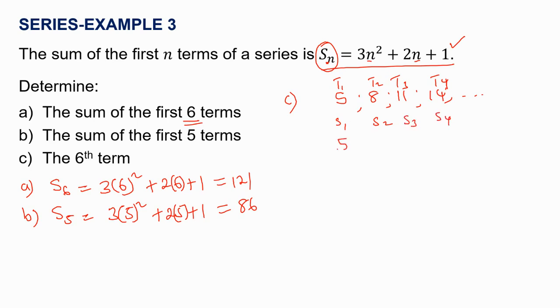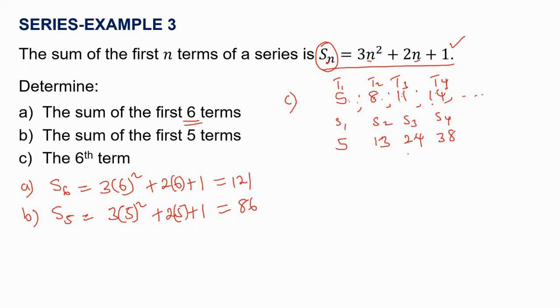S1 is going to be 5. And then S2 is going to be 5 plus 8, which is 13. And then S3 is going to be 5 plus 8 plus 11, which is 24. Or you can say S2 plus 11 gives you 24. And then 5 plus 8 plus 11 plus 14 will give us 38. Or just S3 plus 14 will give us 38. See that? So this is the sum.